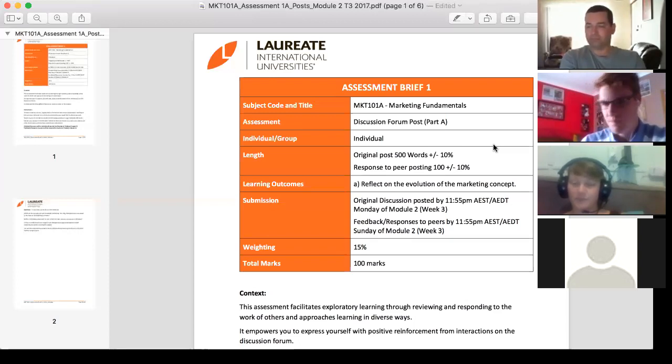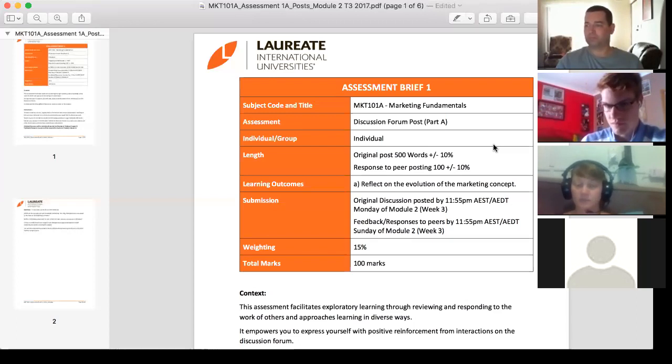If I can briefly summarize before we go, Module 1 is actually about introducing marketing. That's where we find marketing concepts: the definition of marketing, and the core marketing concepts that become the foundation for understanding marketing.